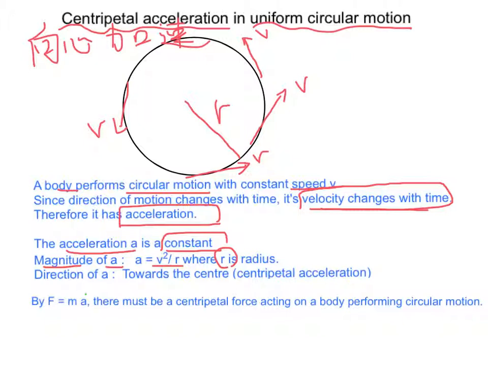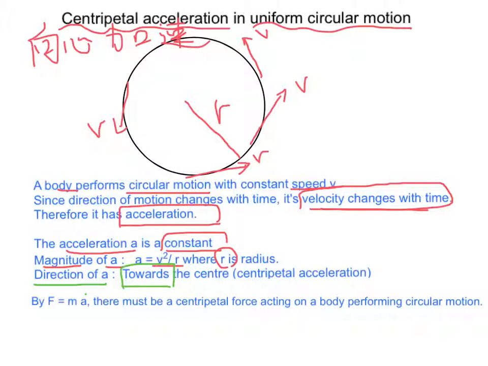Second, it is very special that the direction of the acceleration when a body performs circular motion with constant speed is in fact towards the center. This point is very important.